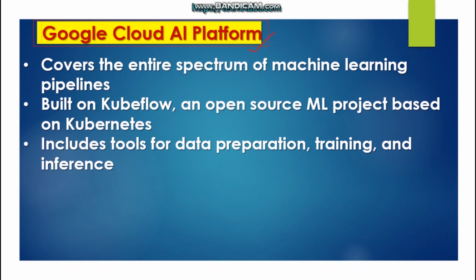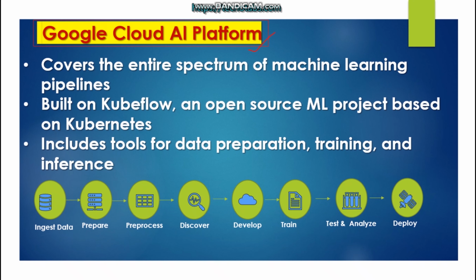Let's take this diagram here. If you see, there are so many things that have to be done in order to deploy an application. And if you consider each of these tasks, it takes a certain amount of resource and time, like discover, develop and test, analyze, deploy, right?